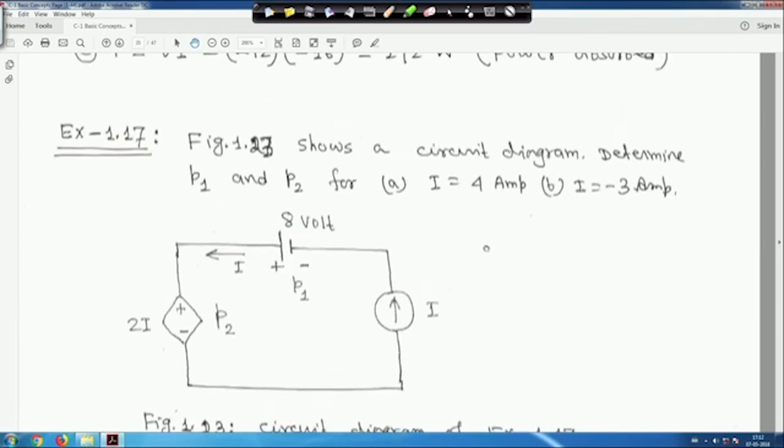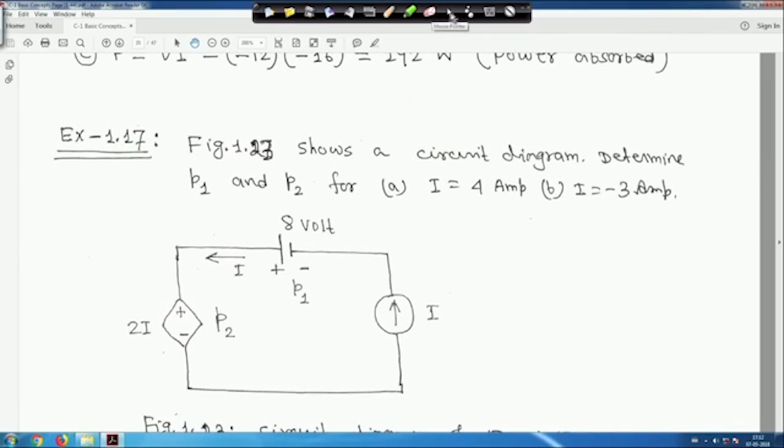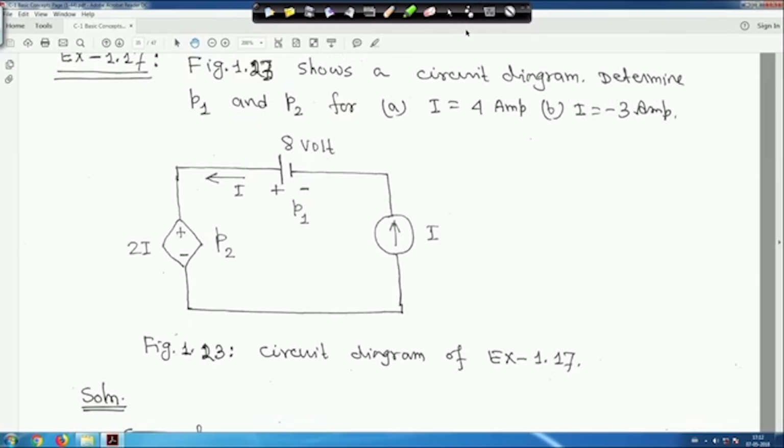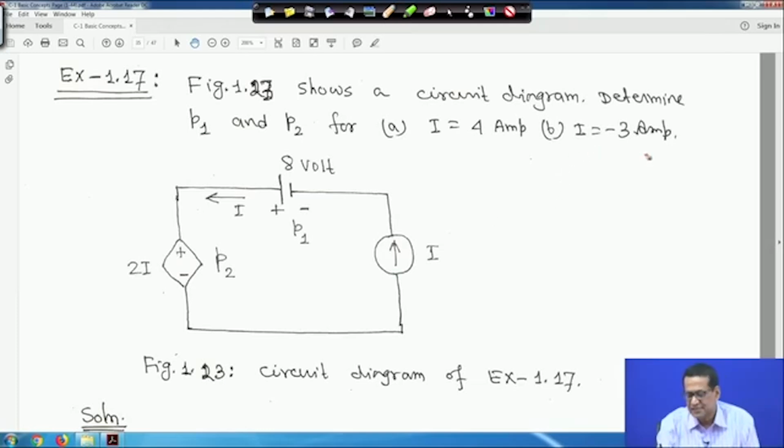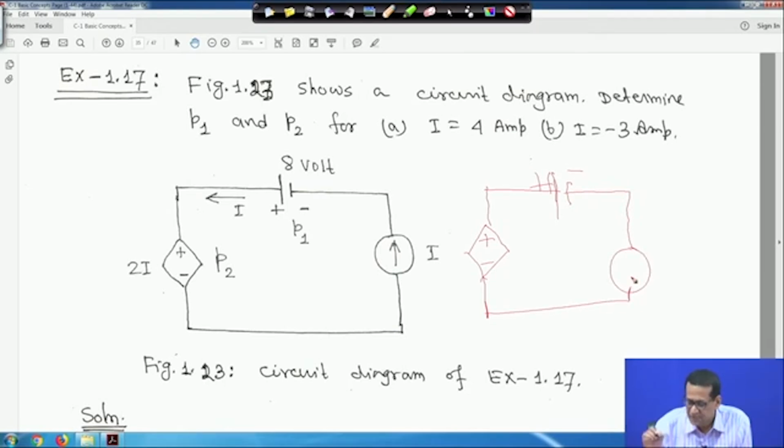This is the dependent voltage source, plus minus, this is the voltage source with plus and minus, the 8 volt source, and this is the current source, right. And I is equal to minus 3 ampere.